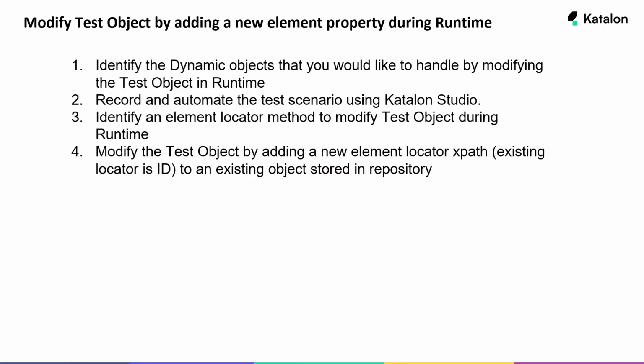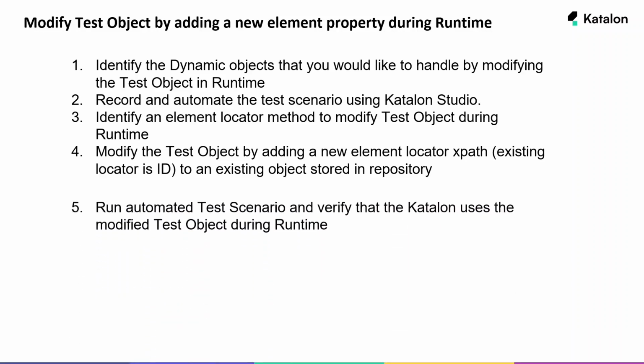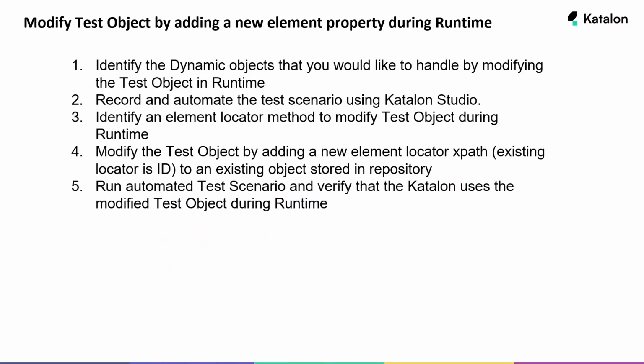And then we are going to modify the test object by adding a new element locator XPath to an existing object that is stored in the object repository, which uses the locator as ID. And we are going to run the automated test scenario and verify that Katalon uses the modified test object during runtime.